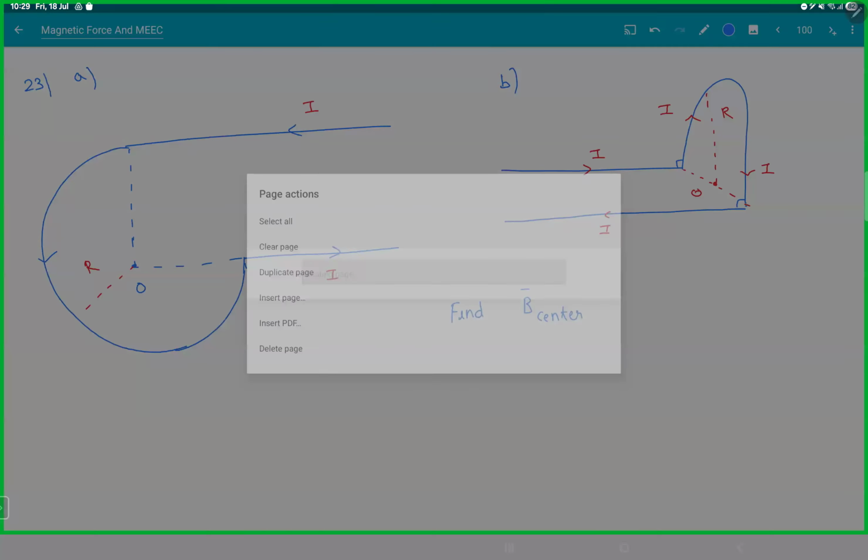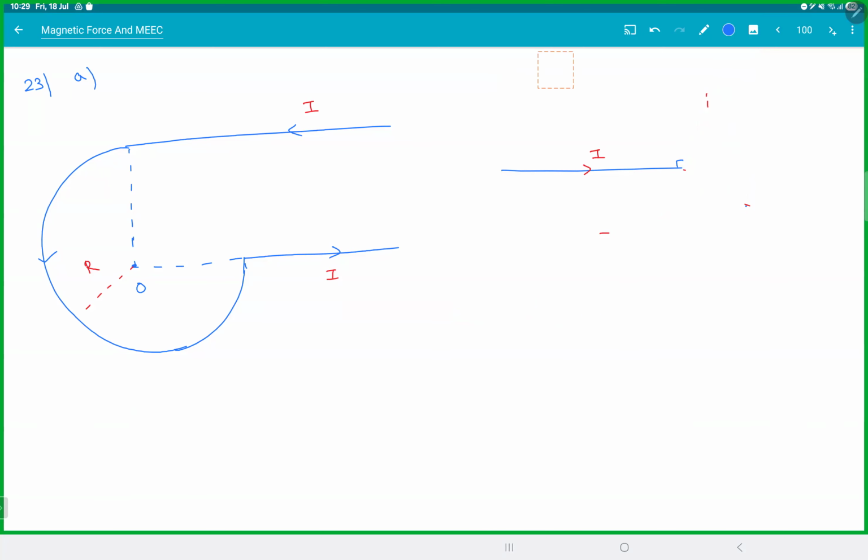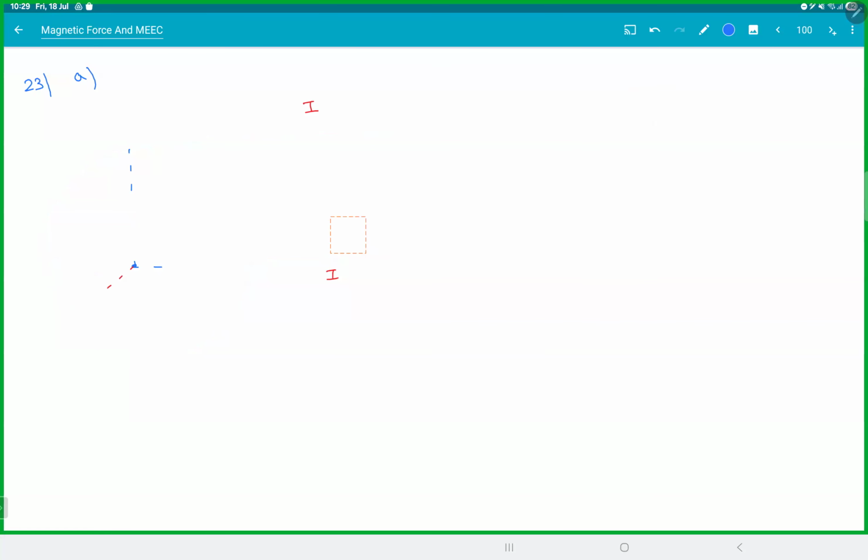Check your answers. So here, let's divide this into 3 parts. So there's this part, and let's draw it again. So you have this part where the center is O. This is R. This is a semi-infinite wire. So this guy's field will be, look at the direction. It is into the plane. It is out of the plane. Mu naught I by 4 pi d k cap.